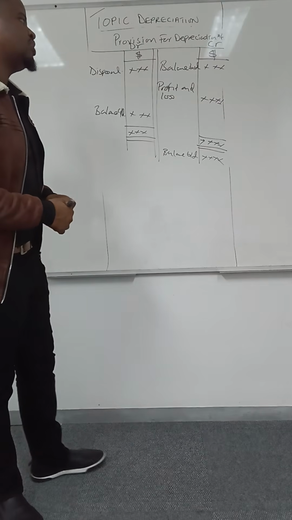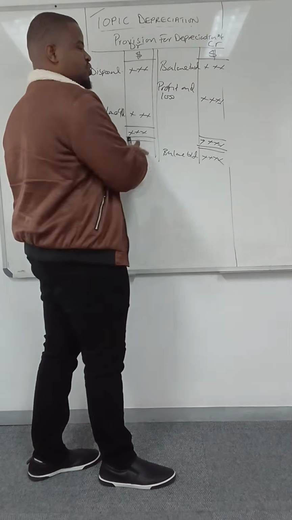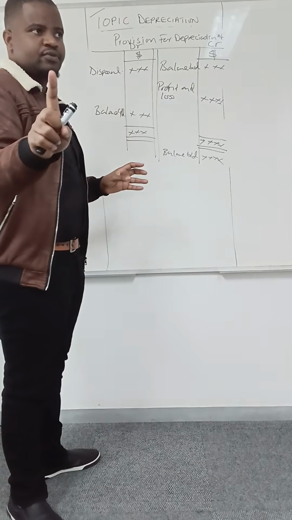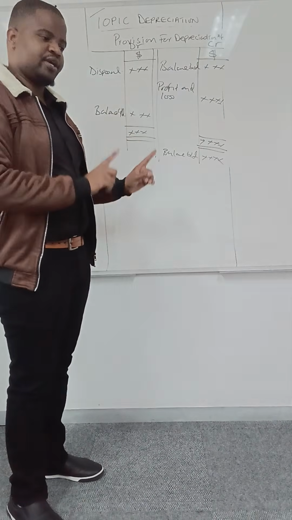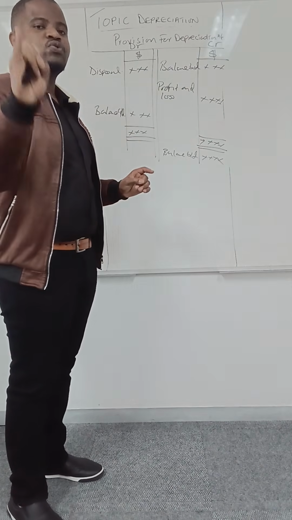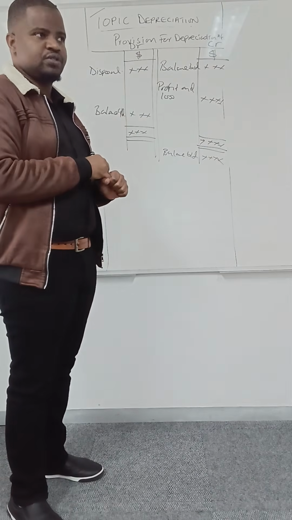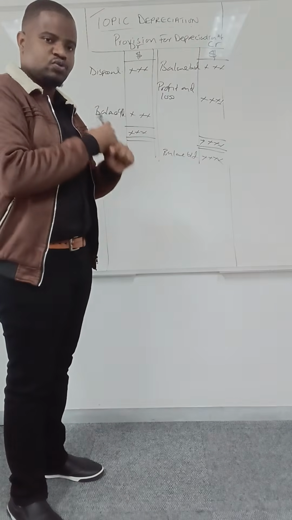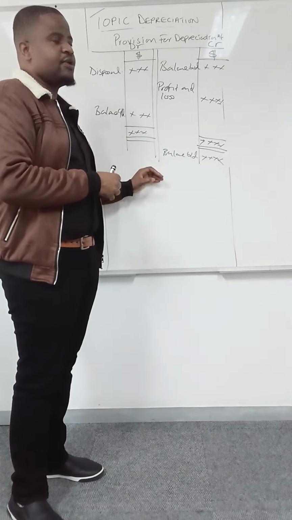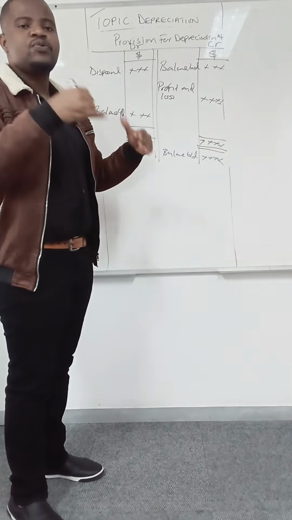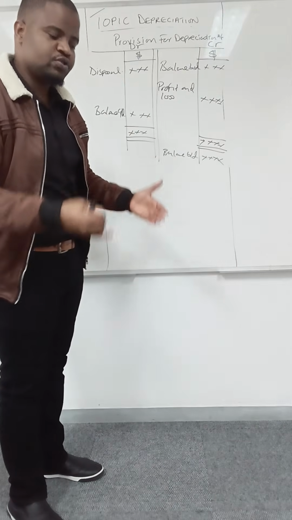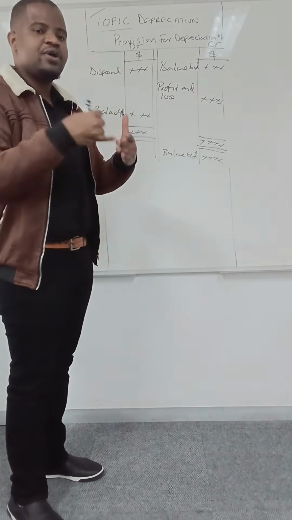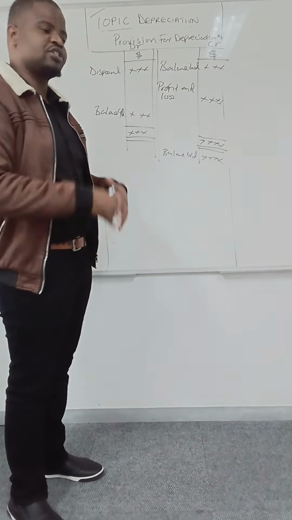Right. So what you need to know when you do this account, number one, you need to go back to your question and look for the method that you are going to use. That's important information that you need to know before you do this account. Are we calculating depreciation using the reducing balance method? Or the straight line method?